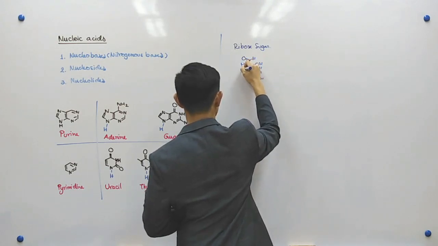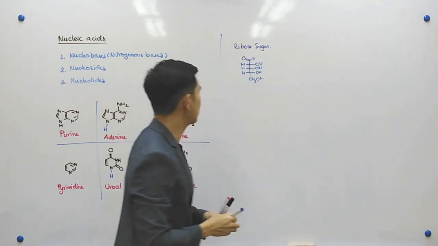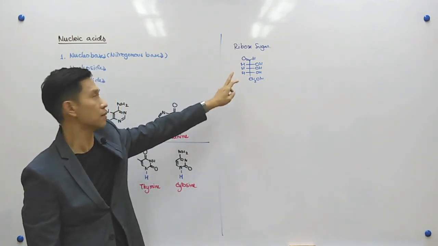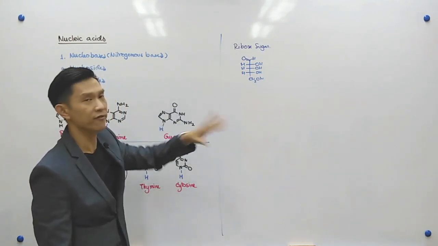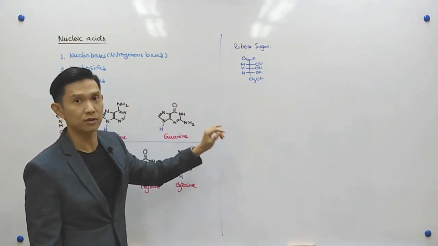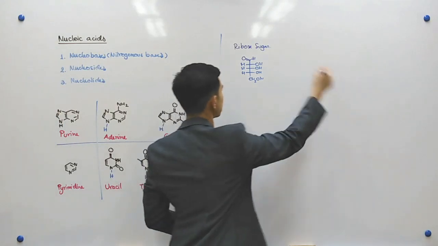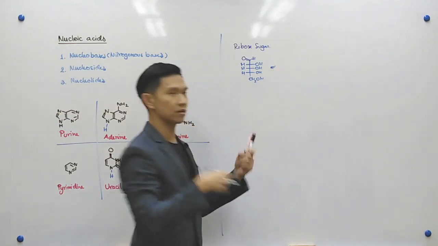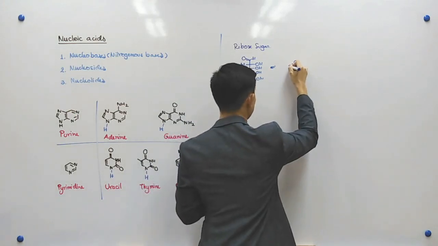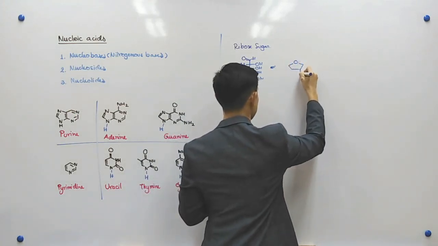So this is D-ribose. From this structure, as you can see, we have an aldehyde group on top, and the whole system has 5 carbon atoms. So this is an aldopentose sugar. This aldopentose sugar can again undergo cyclization, and at the end we have this kind of structure.